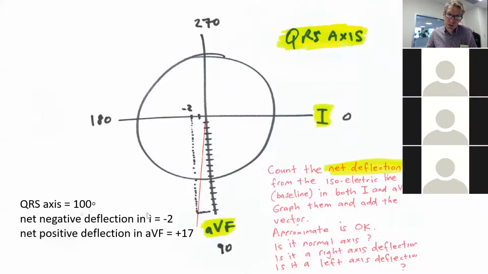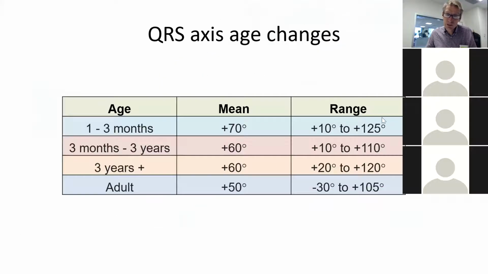That's why you have a slight right axis deviation, but it's normal. In the first couple of years of life, you can have an axis that's even up to 125 degrees, or even above 125 degrees, and it goes down as you get older. For adults we say it's up to about 90 degrees.